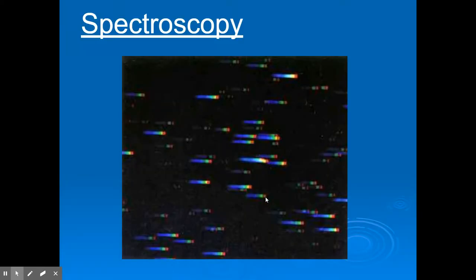All right, so spectroscopy. Normally we'd have a discussion about what you see here. This is an image of the sky in a fairly dark area taken with a diffraction lens, which is a special lens that you can put on a camera. What a diffraction lens does is that it spreads the light out into its component colors.